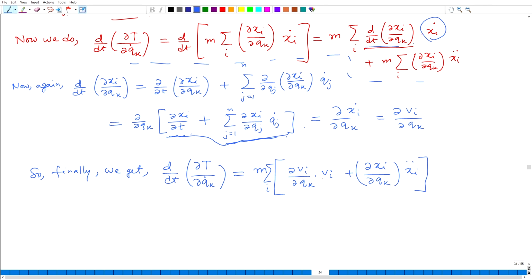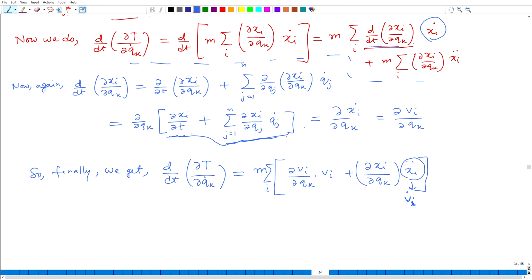This is m v_i ∂v_i/∂q_k, that is true, and then m ∂x_i/∂q_k times v̇_i, correct. I can write this one as v̇_i without any problem.